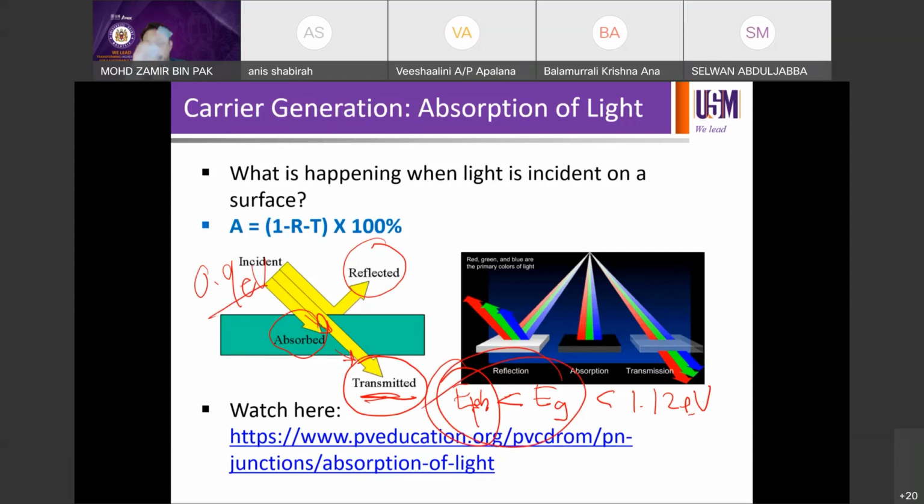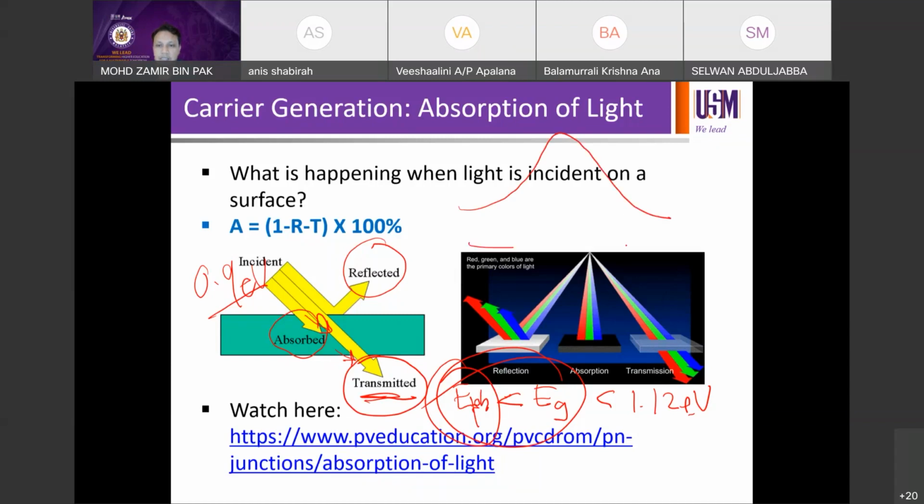Later you're going to learn a lot more with Dr. Marzani on the solar spectrum when you talk about solar cells. Let me just give you a brief. We have been looking at the sun every day, right? Except when you cannot see the sun when it rains too heavily. Our sun has a spectrum.